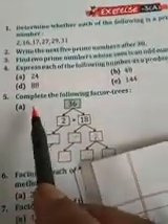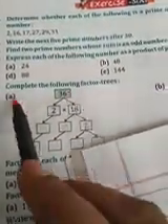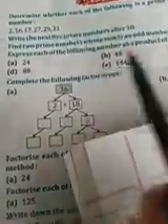Question number 5. Complete the following factor tree. Now 36 can be written as 2 into 18. Now we can see here, fifth A part, 36. 36 can be written as 2 into 18. Now 2 will remain the same.